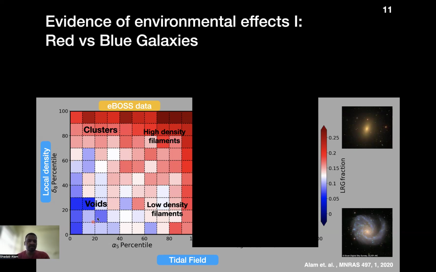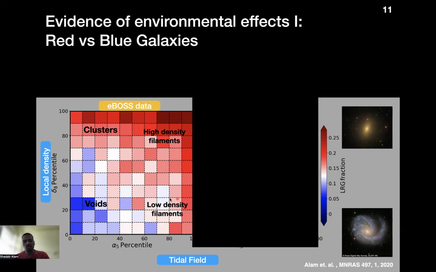And so what we see is that low density and tidally isotropic environments, which would be equivalent to voids, have a much smaller fraction of red galaxies compared to high density filaments. And also high density tidally isotropic regions like clusters have a larger fraction of red galaxies.